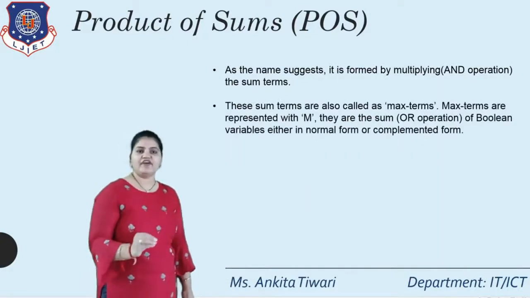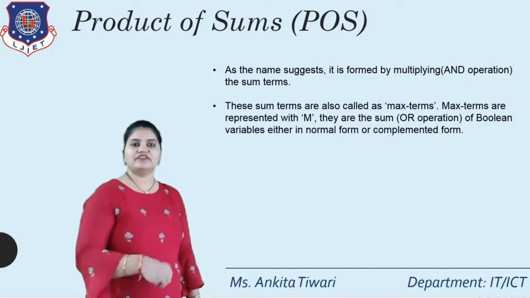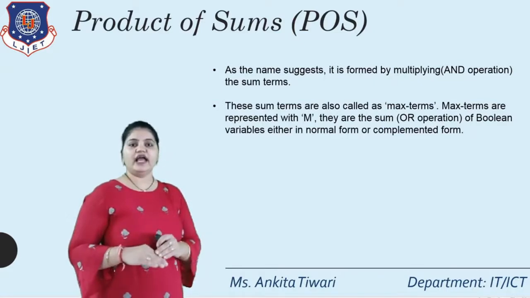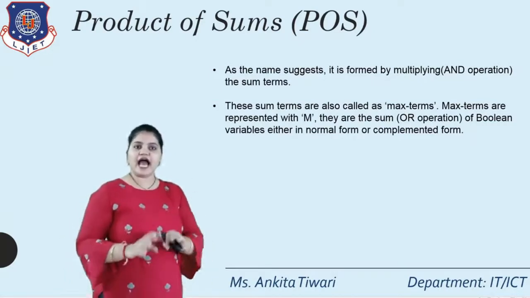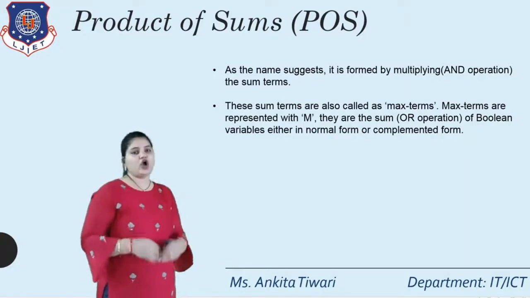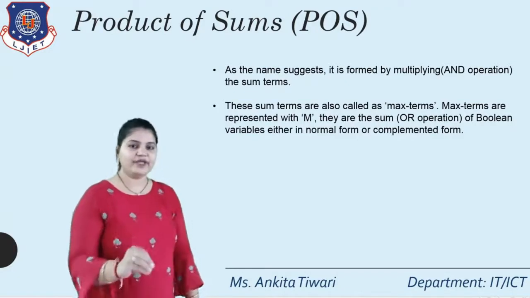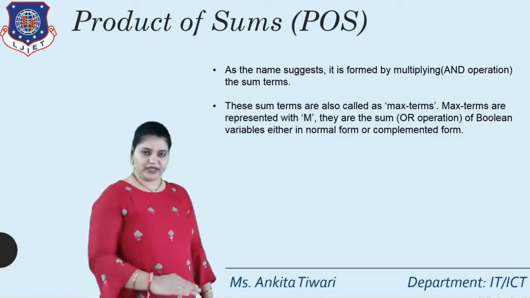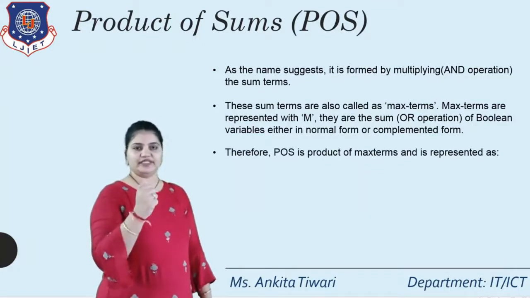Now this is also known as max terms. Here the max term is defined by capital M and it is taken with the help of sum, that is OR operation of Boolean variables either in normal form or in complemented form of the min term. So we can say that POS is just the complement form of the SOP. This is the direct method to find out the POS representation.